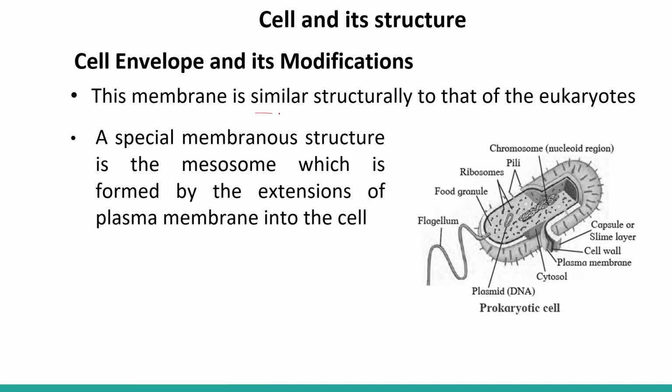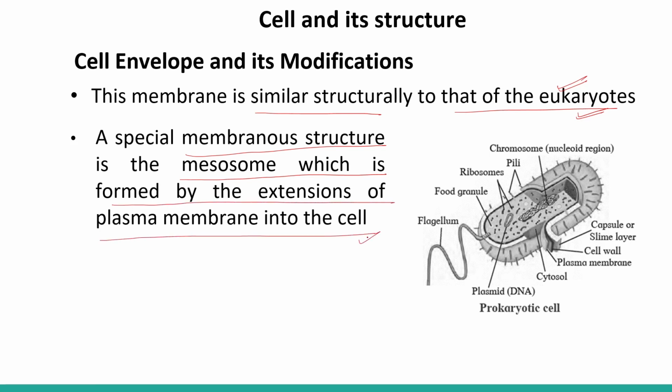This membrane is similar in structure to that of eukaryotes. So the cell membrane or plasma membrane is very much like that present in eukaryotes. A special membranous structure is the mesosome, which is formed by the extension of the plasma membrane into the cell. Okay, so the plasma membrane gets invaginated and forms a structure called the mesosome.